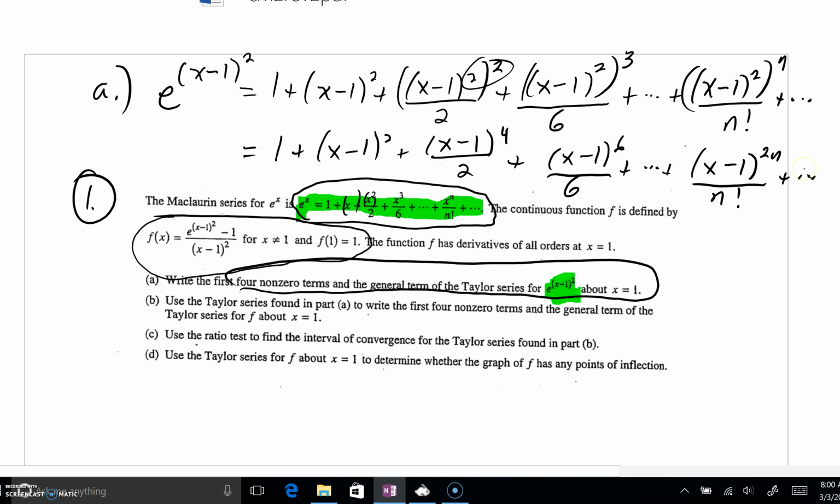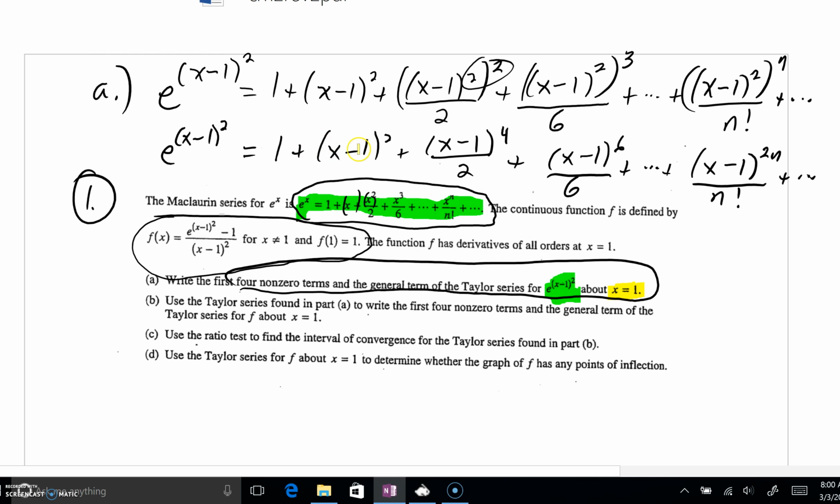It's very important for us to confirm why we can do this. We're making a substitution, but in a super important point here, they're asking us to be around x equals 1. About x equals 1, that means we are centered around 1.